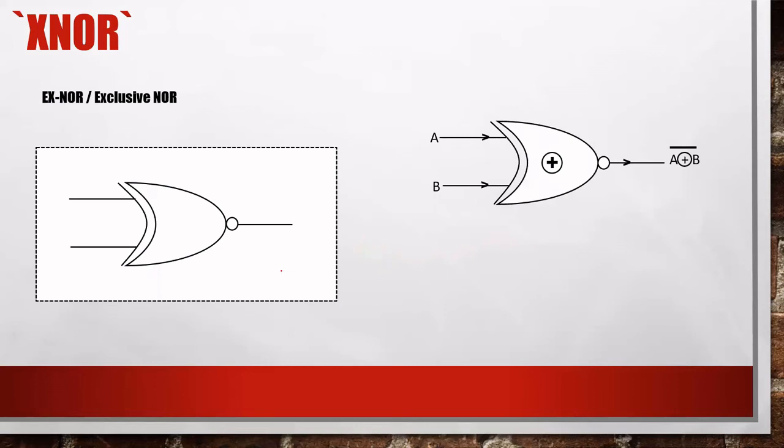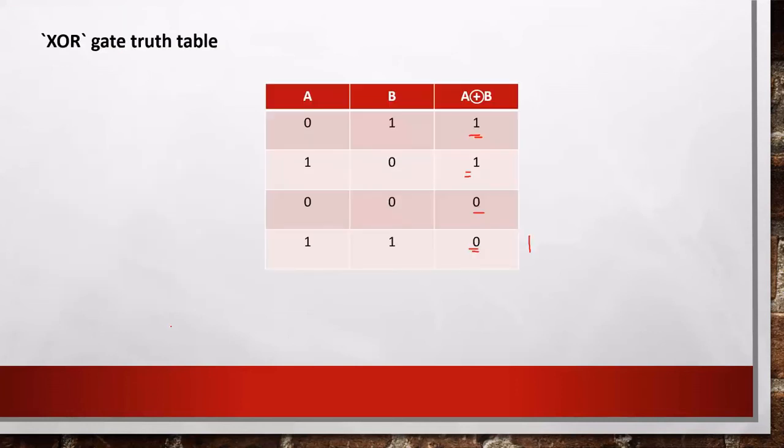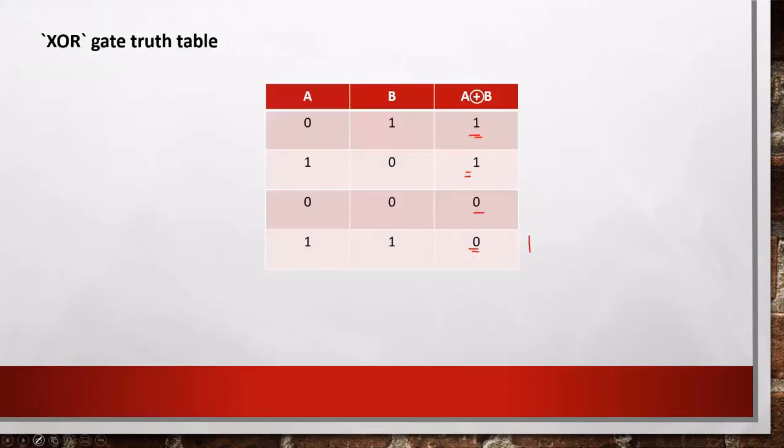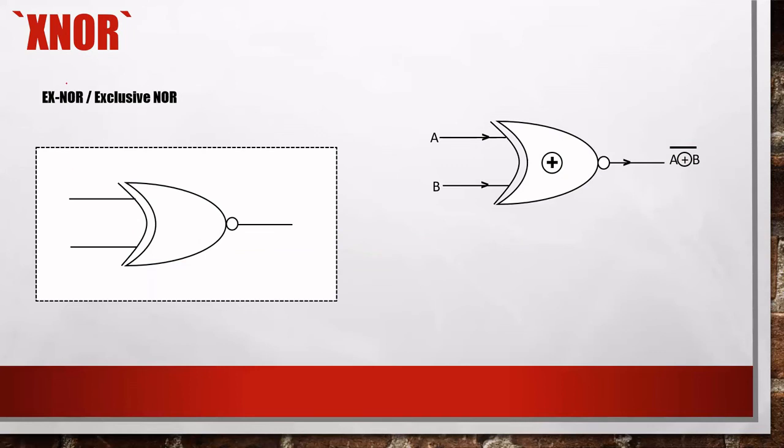This is the final gate that we are going to discuss in this video. This is another special type logical gate called XNOR. This is nothing but the opposite of the gate that we discussed previously, the opposite of the XOR operator. We call this exclusive NOR.